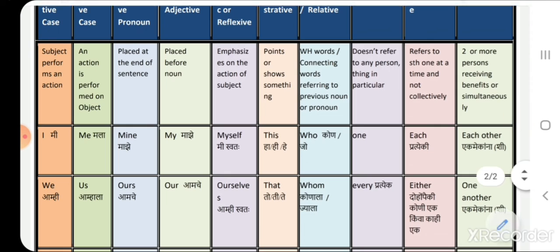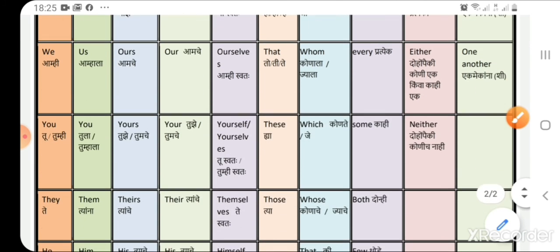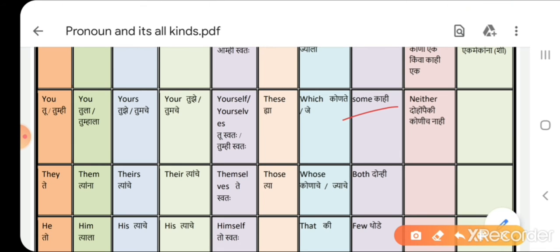Now, one includes anyone, no one, someone, everyone. Every includes everyone, everything. I have used common words here. Please understand. Then some like someone, something. Such pronouns are indefinite pronouns.